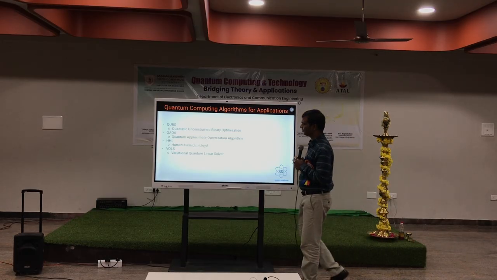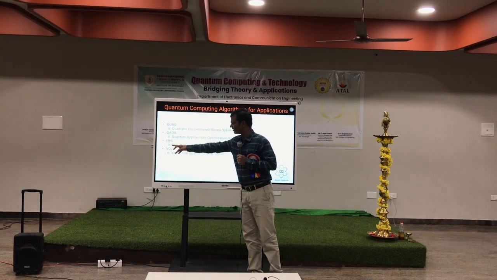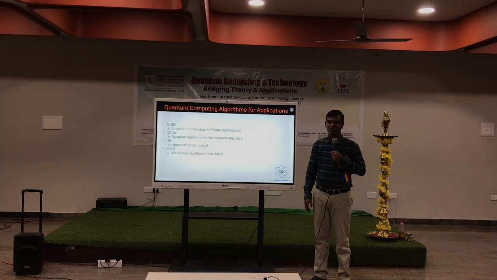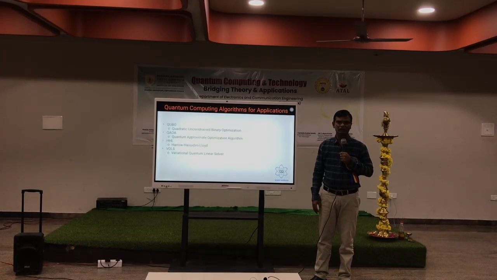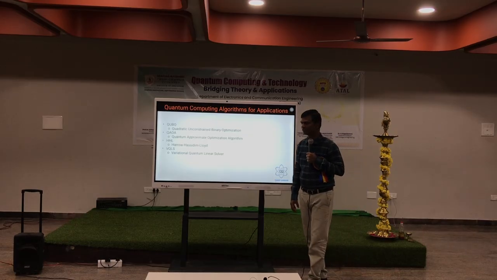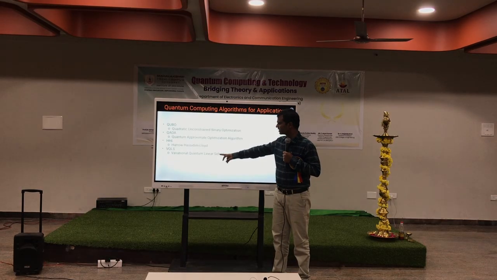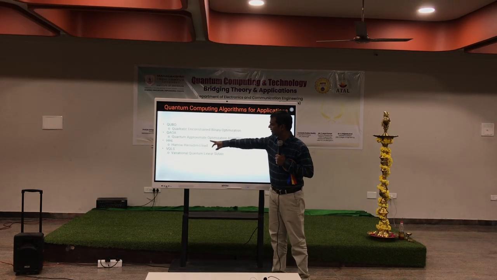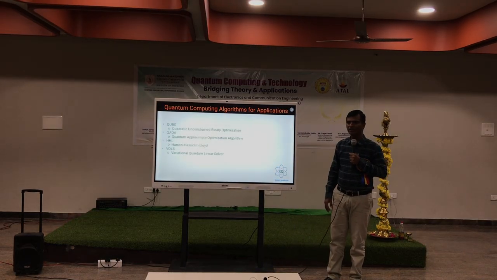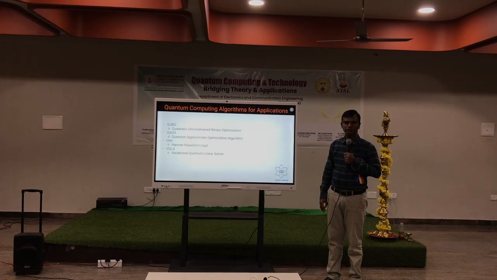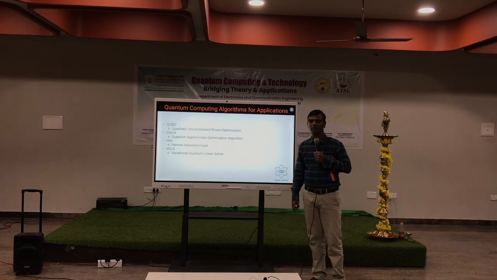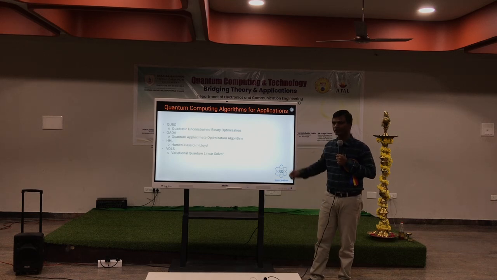Out of this, HHL, Harrow-Hassidim-Lloyd, is the algorithm used for solving complex linear algebra problems. And the variational quantum linear solver and the quantum approximate optimization algorithm are mainly used for optimization problems, that is in QML, in the hybrid model. Again, you will be introduced to that also.